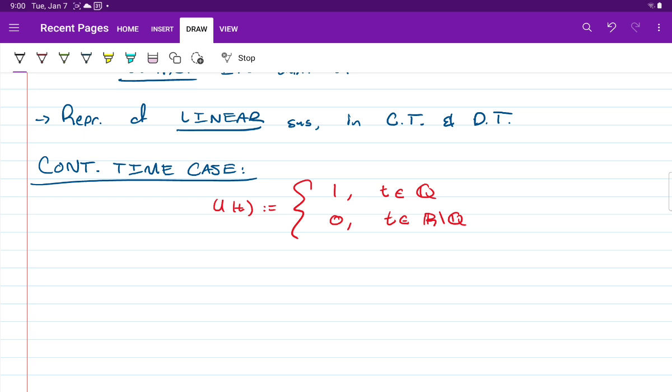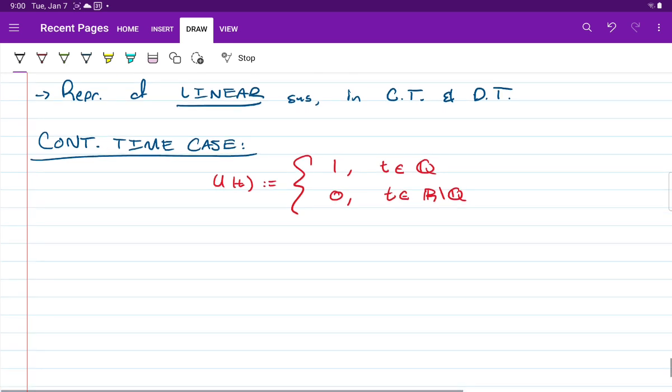So what we need to do is restrict to a class of sufficiently expressive but well-behaved signals. If we do a little bit of analysis and get a feel for what these systems are, we'll arrive at something called the piecewise continuous class of signals. Let me give a definition for what this is.